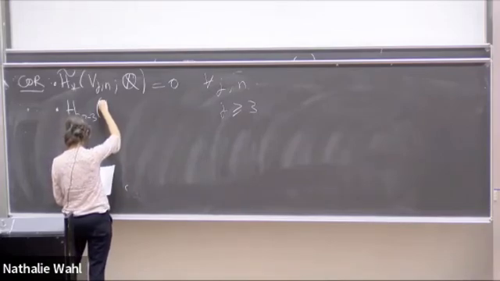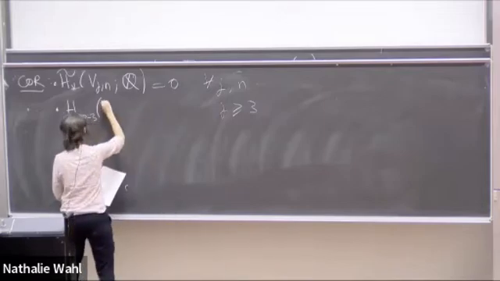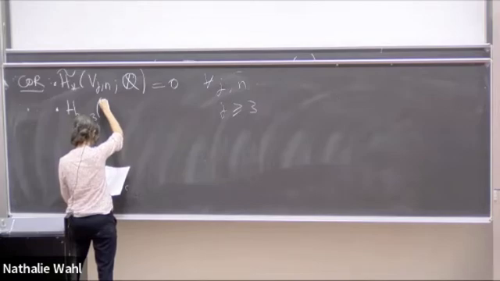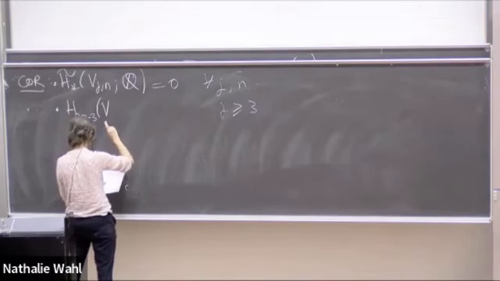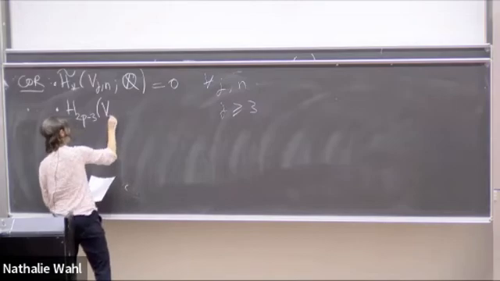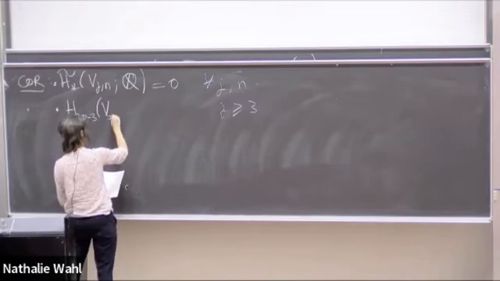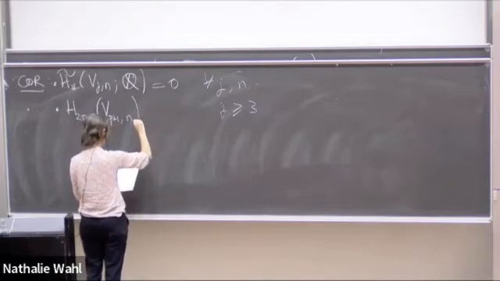And what we can show is if you take the homology in degree 2p minus 3 of V. I think I want to put p plus 1 here. N is, this is J. I'm screwing this up.